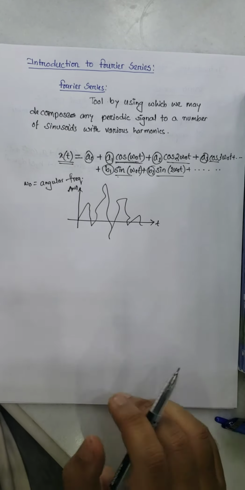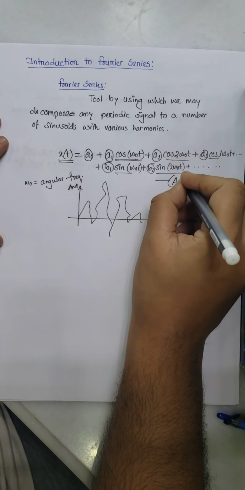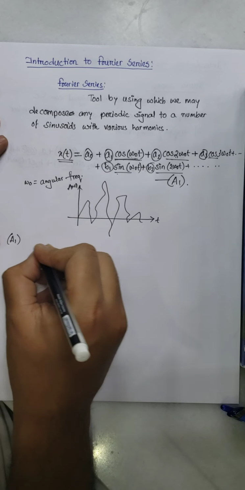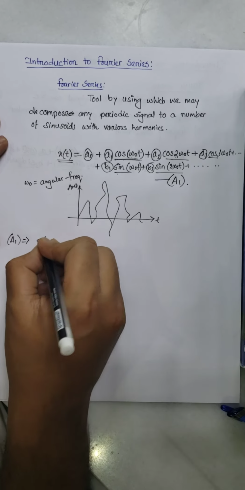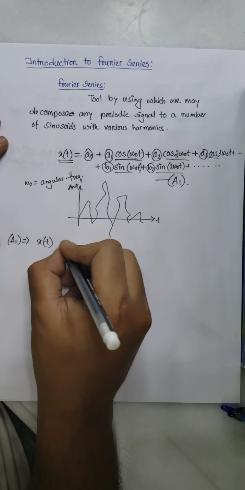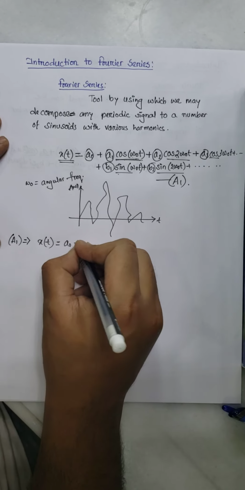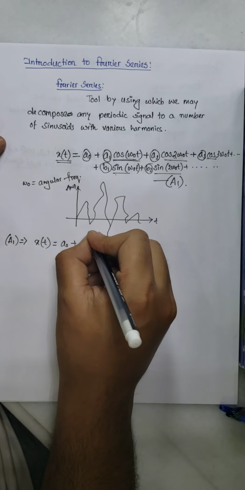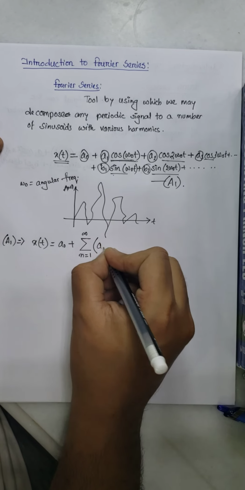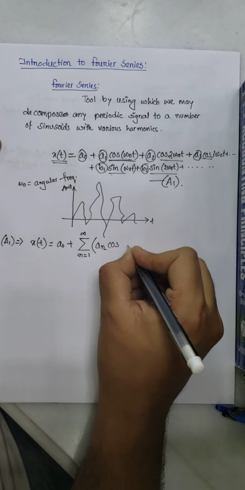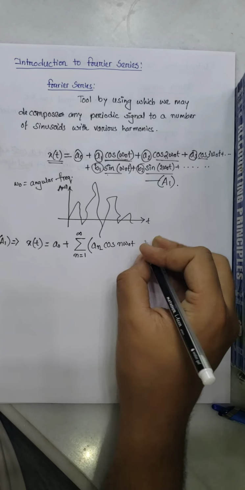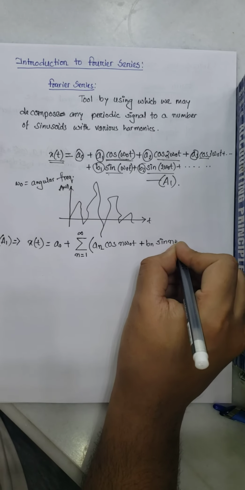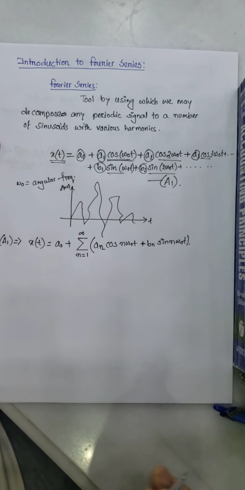Now coming back to the initial expression, x of t, the periodic function that we have defined, can be written as a0 plus a running summation of n equals 1 to infinity of an cosine of n omega naught t plus bn sine of n omega naught t.